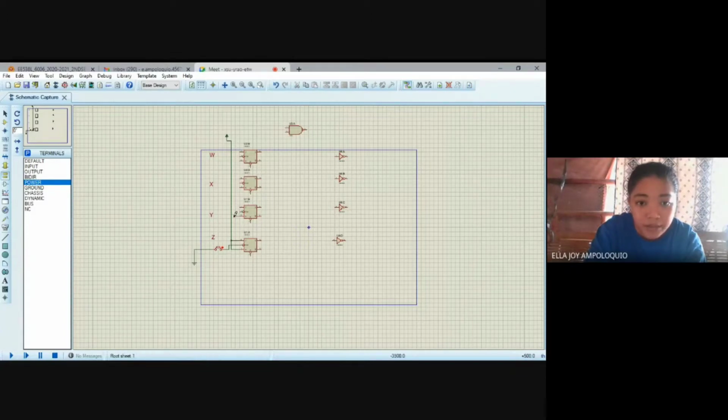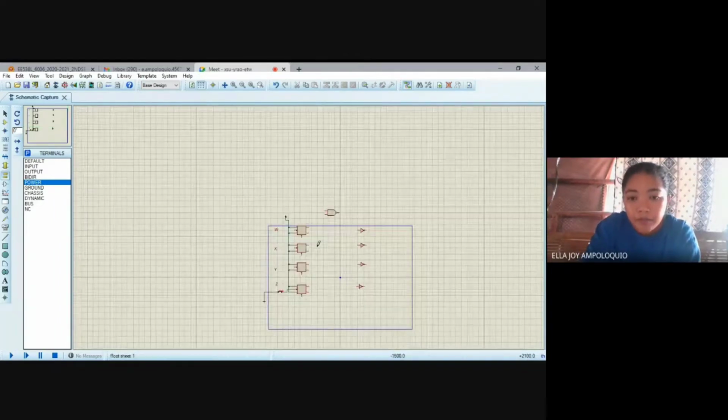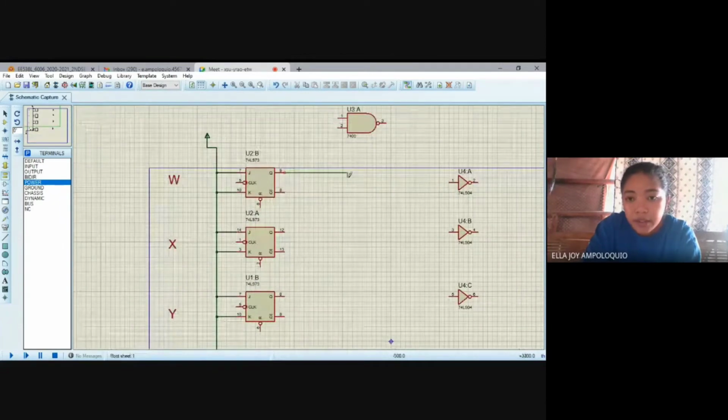Then after that, it's easier for me to connect this flip-flop to the power since I put the power first here. Then connect it here, here. Then this NAND, the top one here, I will connect it to the X inverters.